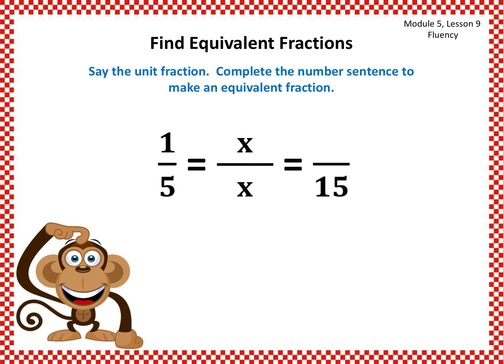So I need to look at my original denominator, 5, and think 5 times what is going to equal 15? Well, I know that 5 times 3 is 15. I also know that if I multiply by 3 on the bottom, I have to multiply by 3 on the top. So 1 times 3 is 3. So my equivalent fractions are 1/5 is equivalent to 3/15.